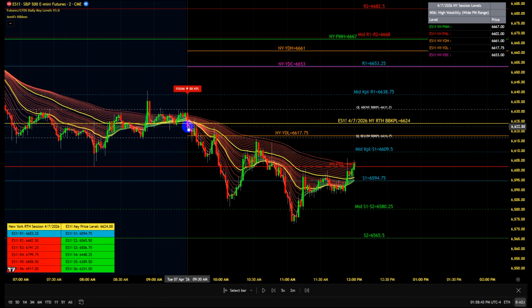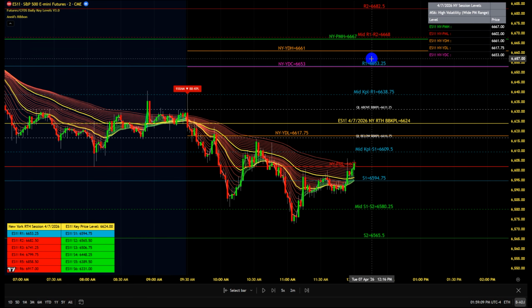As you can see here, we also have a BBKPL bearish alert on the 9:30 a.m. opening candle. The ribbon, even though it was part green, part red on this particular candle, it is all red. This is on a 2-minute chart. For this particular session, we have market scenario 6, high volatility, wide PM range.